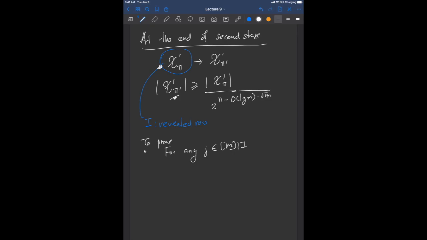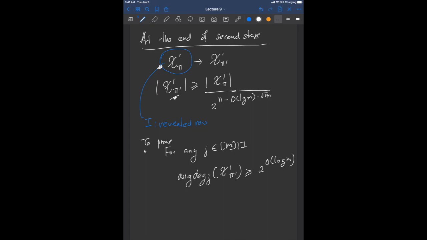So they don't know at least order log m bits of information. And how did we measure information? We measured information as the average degree, right? We want to say that the average degree of j of the set of matrices x dash pi dash, which is the set of matrices that we have at the end of second stage, is at least 2 to the order log m.